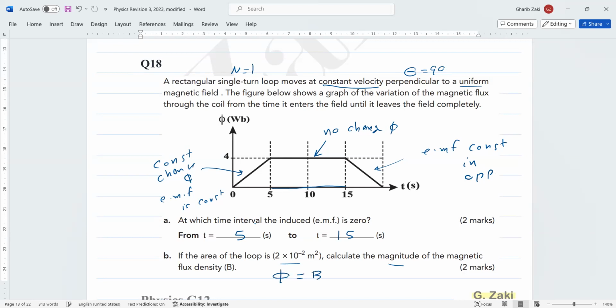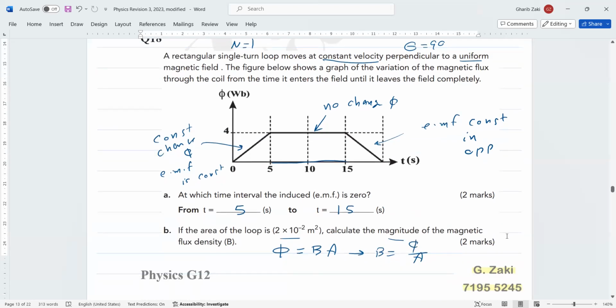Phi equals B times A, so B equals phi over A. What is phi? Phi is given in the graph. So B equals phi, which is 4, over the area, 2 times 10 to the power negative 2. The answer becomes 2 times 10 to the power 4. Remember the unit, Tesla. Next question.